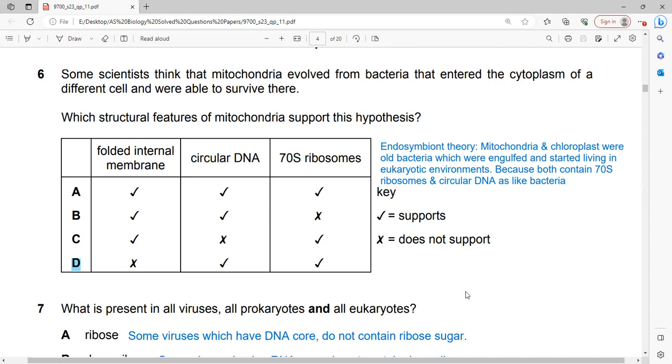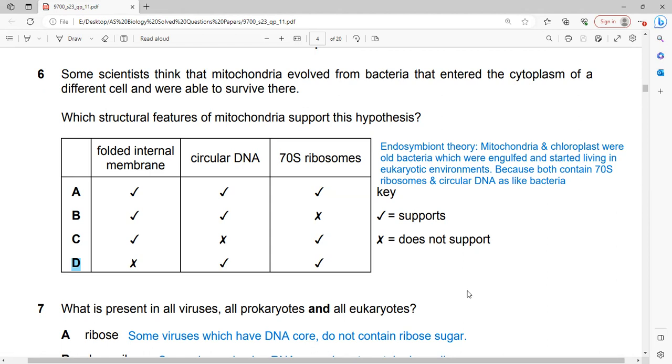So the cellular organelles present in the cytoplasm, chloroplast and mitochondria, are double membrane bounded, have a circular DNA, and they have the 70 Svedberg ribosomes, like bacteria. So according to the endosymbiont theory, these were the ancient bacteria which were engulfed by the eukaryotic cell, and they started to live in the cytoplasm of the eukaryotic cell by symbiotic relationship.